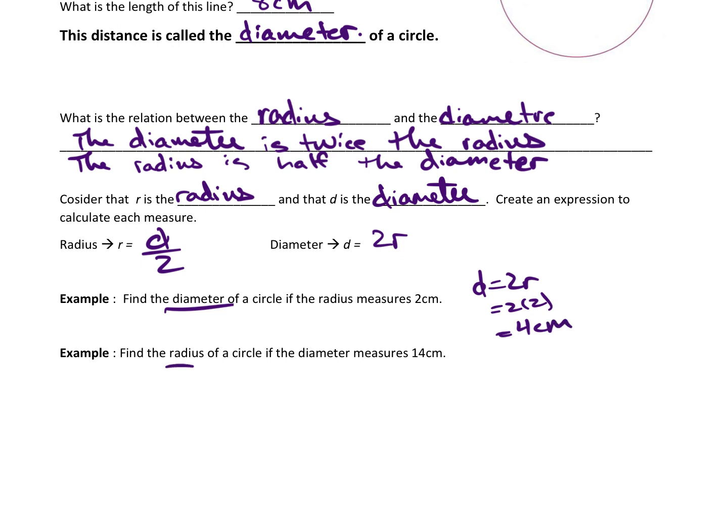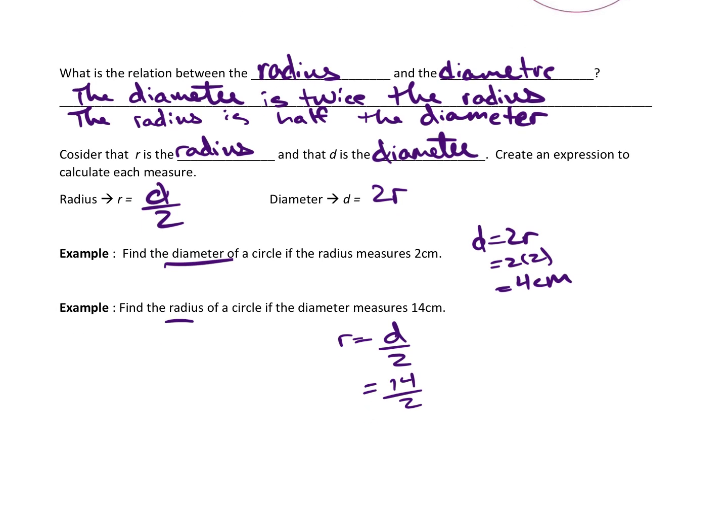If I want to find the radius and I have the diameter, r equals d divided by 2, r equals 14 divided by 2, r equals 7 centimeters. This is just the measurement inside of a circle. You should remember this from last year. That's a quick review.